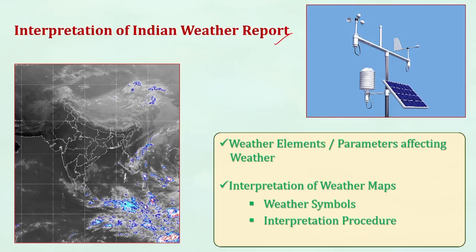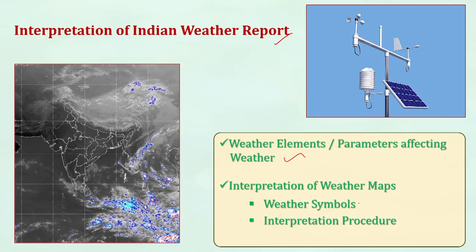So, before interpreting the weather report, we should recall our knowledge about weather symbols. That is what we are going to do, clear? In this session, first I will remind you about weather elements or factors affecting the weather, like temperature and pressure. The major elements will be reminded to you now.